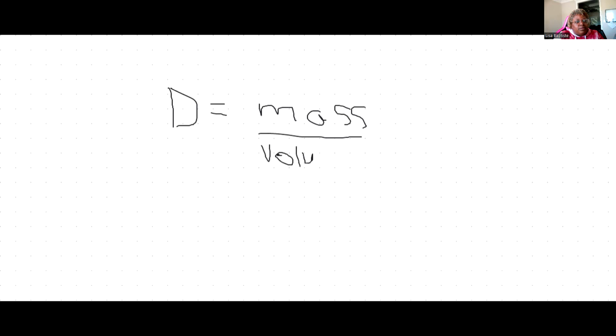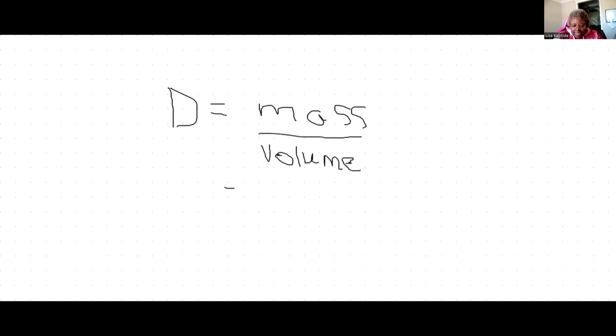So we have our density, D for density, is equal to mass divided by our volume. Okay, so you can see that's mass over volume.